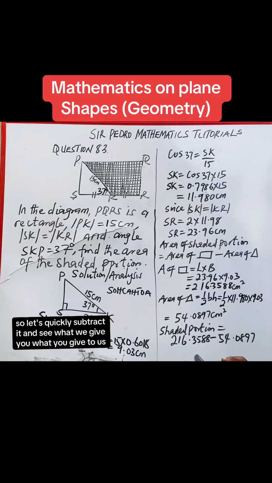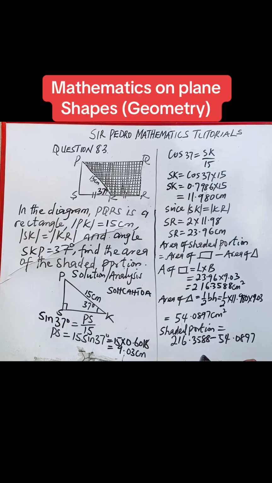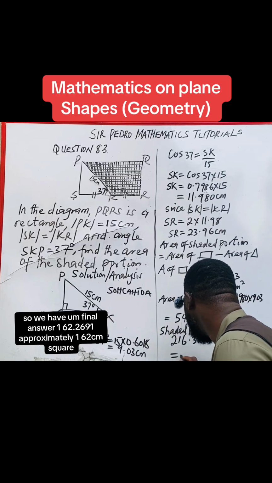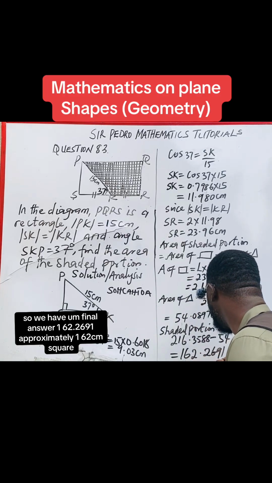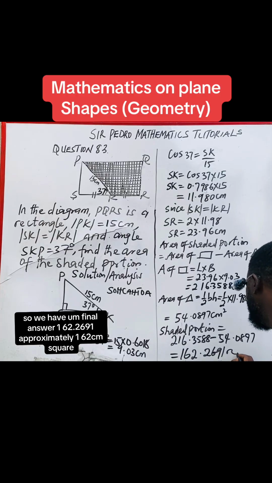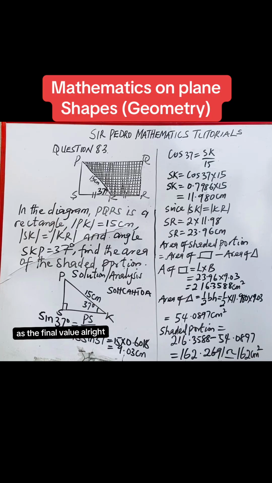Let's quickly subtract it. We have the final answer as 162.2691, approximately 162 cm square as the final value.